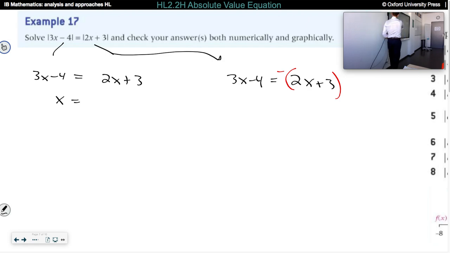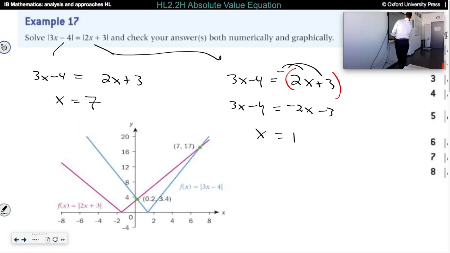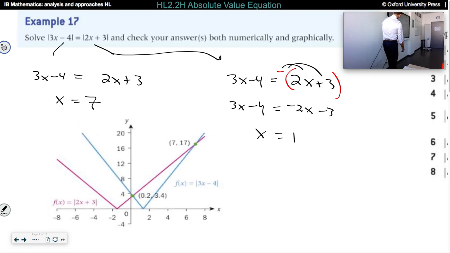So x and 7, right? And be careful of that ugly negative. Did you get 1? Yeah. Love it. Check it. Check the round. Bam. 0.2. What happened?